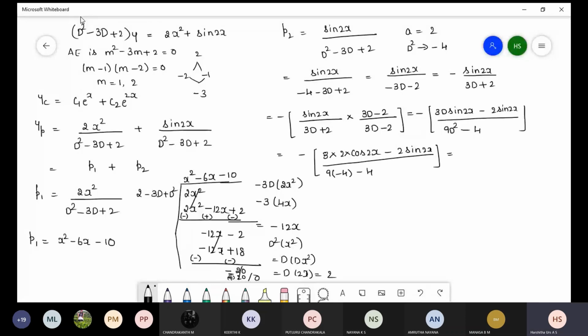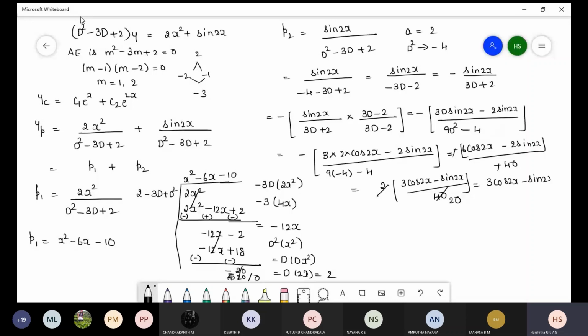So here 6 cos 2x minus 2 sine 2x divided by minus 40. Minus minus will get cancelled. Remaining, I take 2 as a common. So 3 cos 2x minus sine 2x divided by 40. 2 ones are 2, 2 twenties are 40. So (3 cos 2x minus sine 2x) divided by 20.